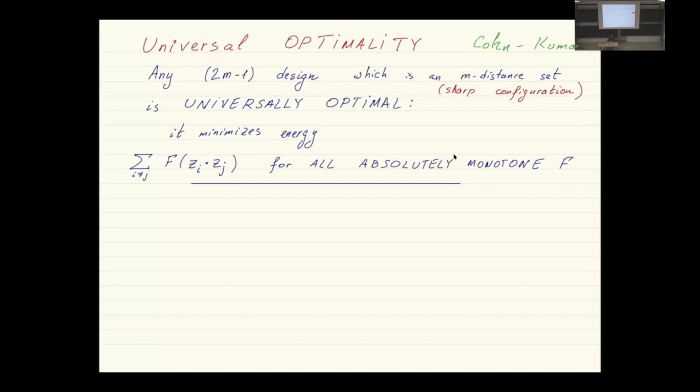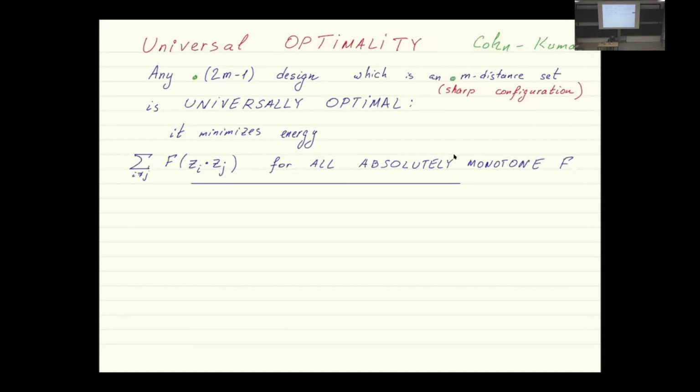And the statement is the following. The statement is that any 2m minus 1 design, which has only m distances between distinct points, they call it sharp configurations. That's with these two properties.